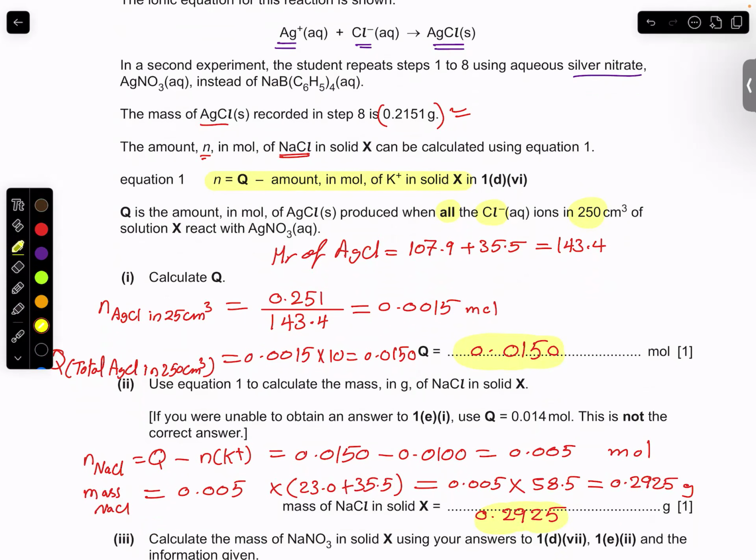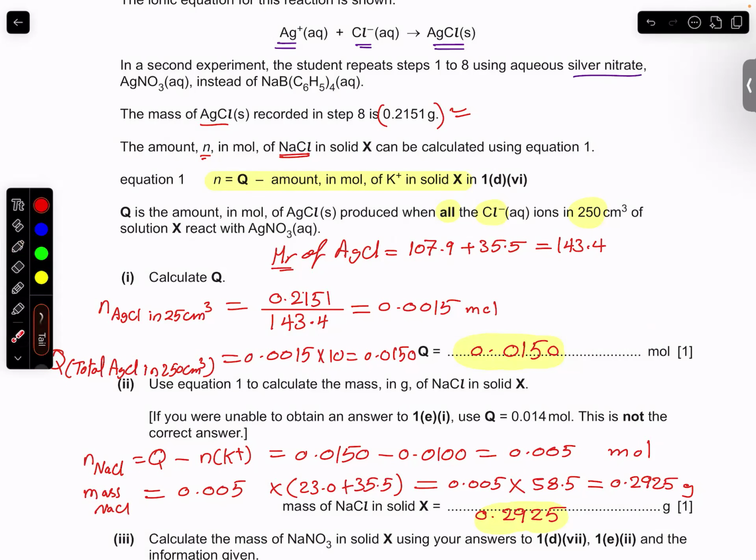We get the number of moles of AgCl in 25 cm³, which equals the mass, 0.215 grams, over 143.4, which is the Mr of AgCl, as you can see here.